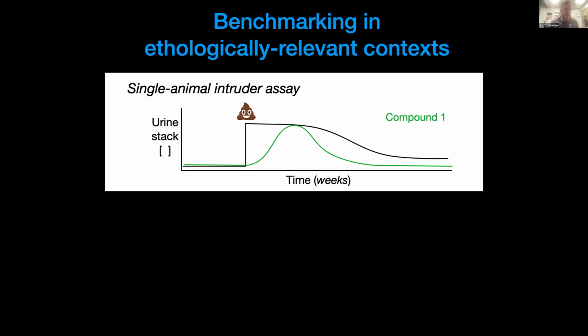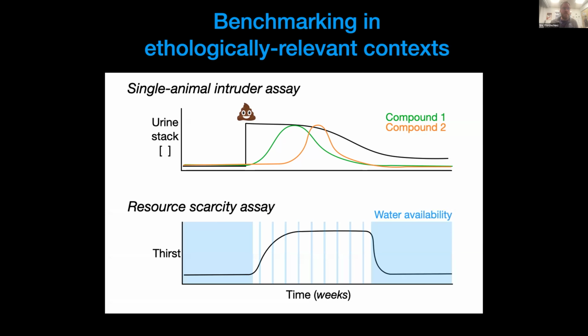There's been a lot of interest in the different compounds, some of which are designed to be released at different points in time. So we might be able to link changes in behavior or physiology with the sort of decomposition of this social cue that the animal is interacting with.